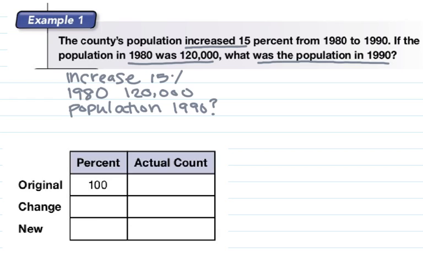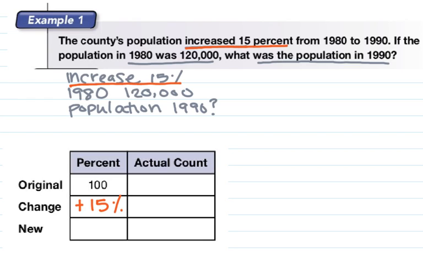Okay, so now we can take this information and start filling it into our table. Remember, 100% is always our original percentage. First we have an increase of 15%. So 15% is my percent of change.